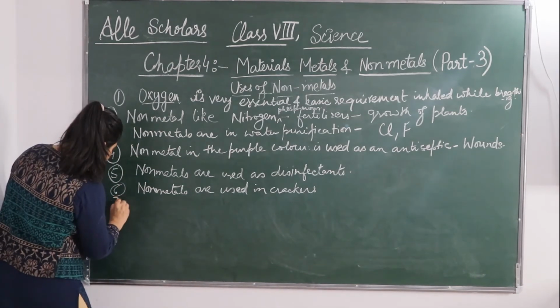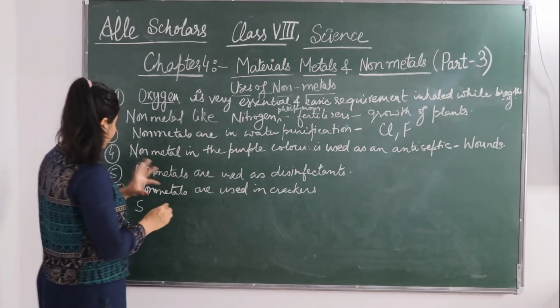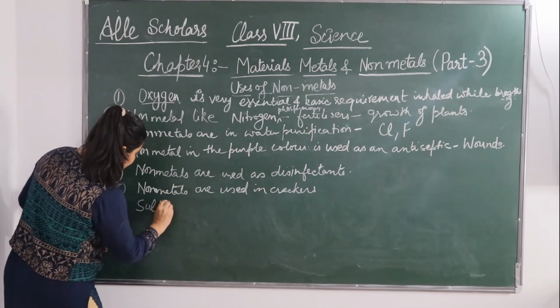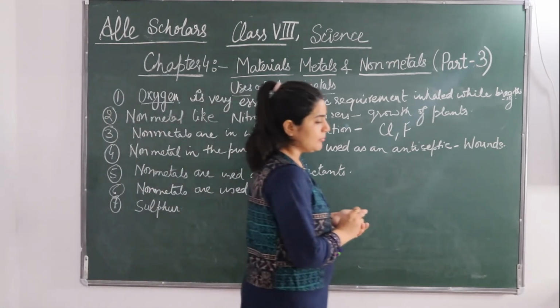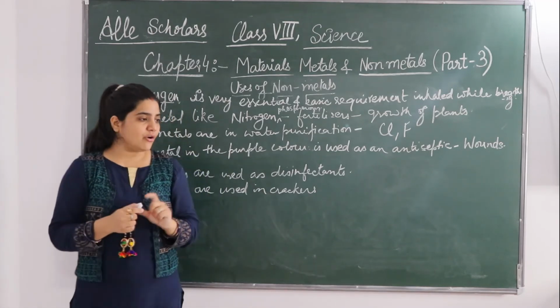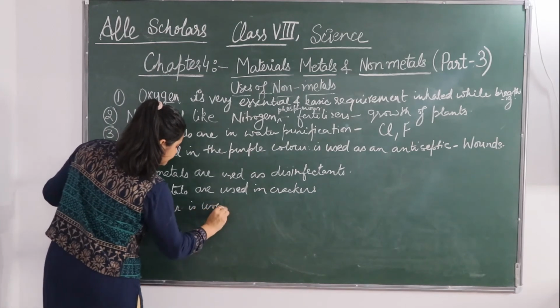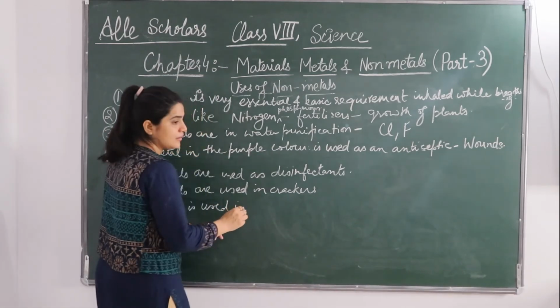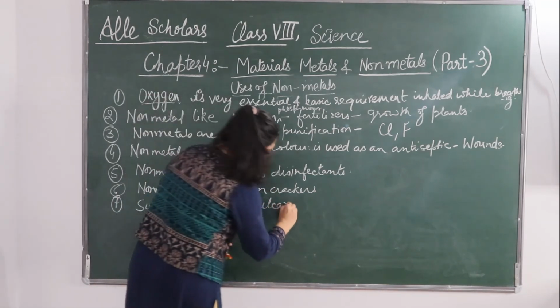Now our next very important non-metal is sulfur. You all know that sulfur is a very reactive non-metal. So it is used in vulcanization of rubber.